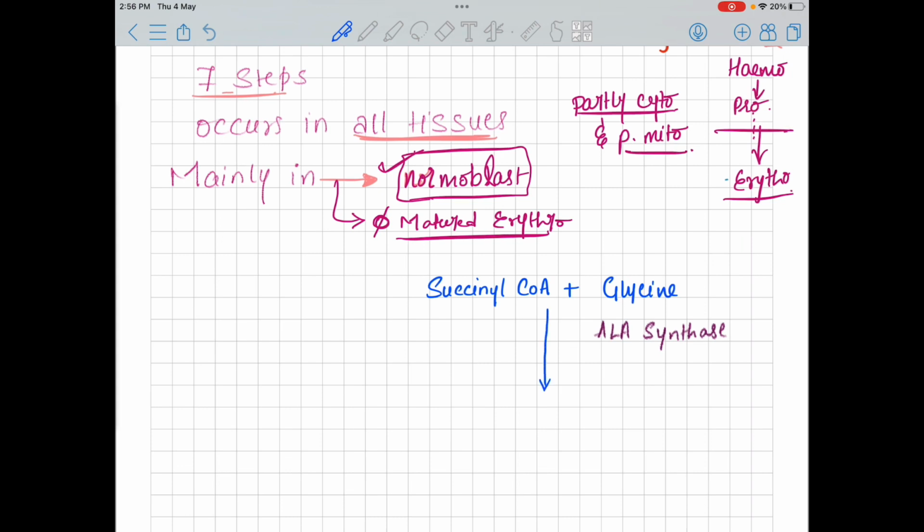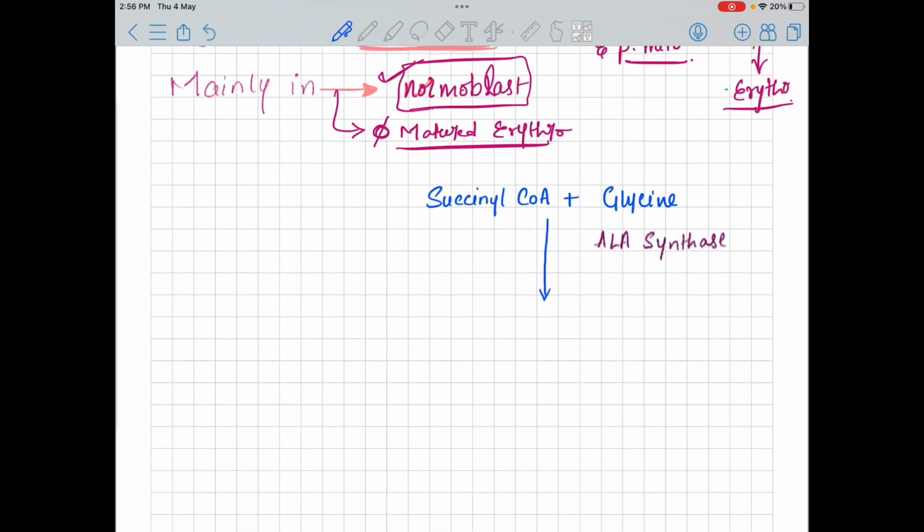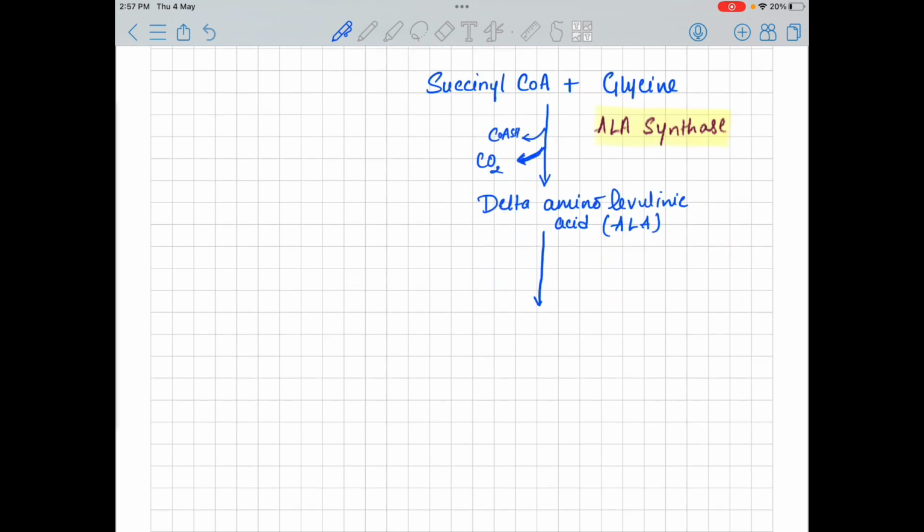This results in the formation of a product, delta-aminolevulinic acid. Here there is removal of certain things. First, coenzyme A-SH is removed, and second, CO2 is removed.